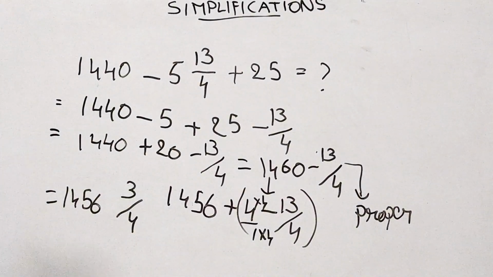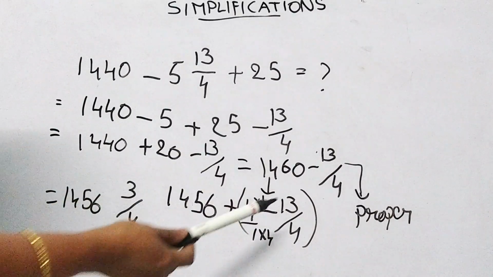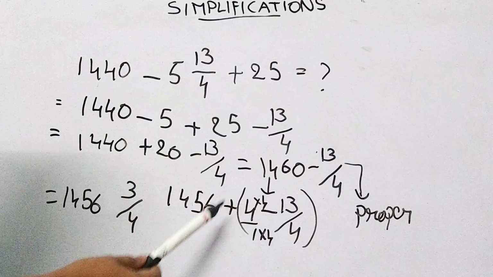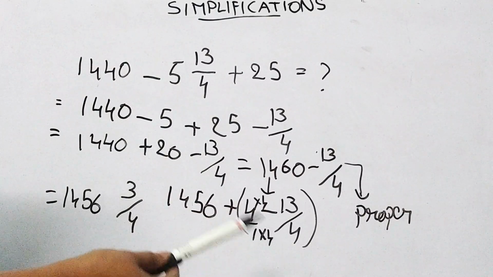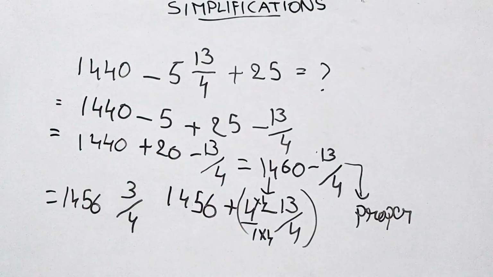So are you clear now? Just because the fraction is an improper fraction, that's why we split this number as 1456 plus 4 and we take the LCM of only these two. So the answer is 1456 3 by 4.